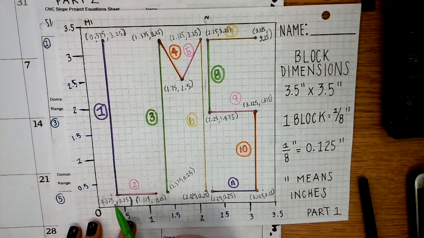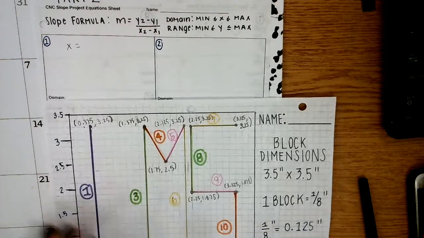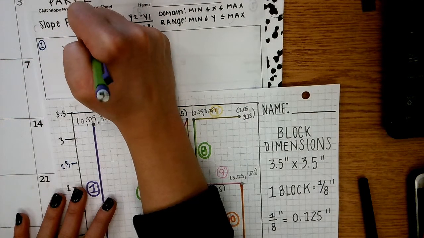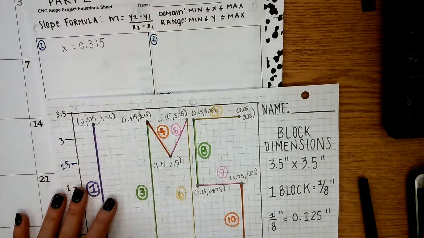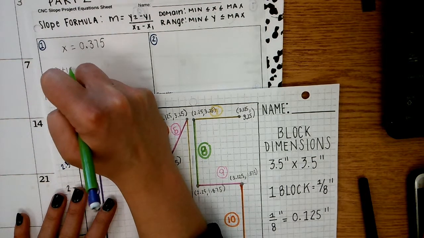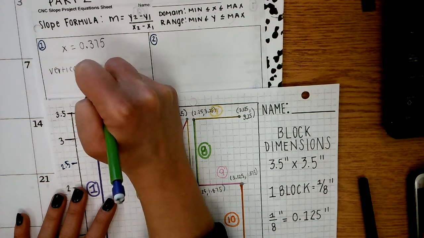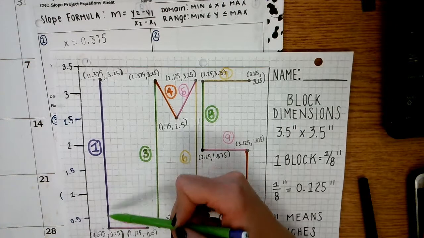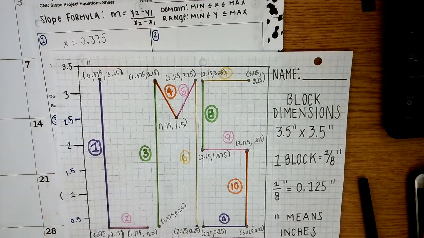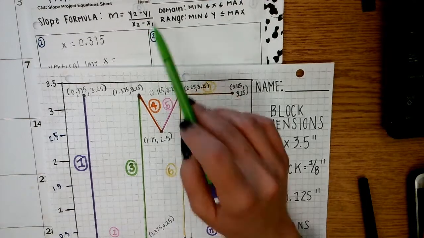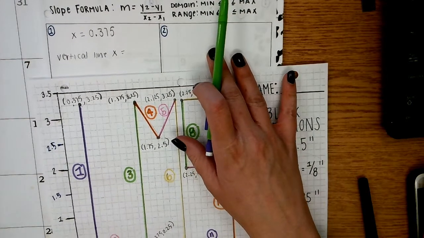Here I see that x is 0.375. So that's actually going to be my whole equation. When you have a vertical line, your equation is just x equals whatever the x value is for every single point on that line. So you don't need to use the slope formula or anything like that when you have a vertical line.